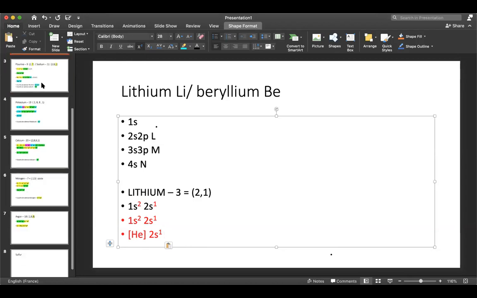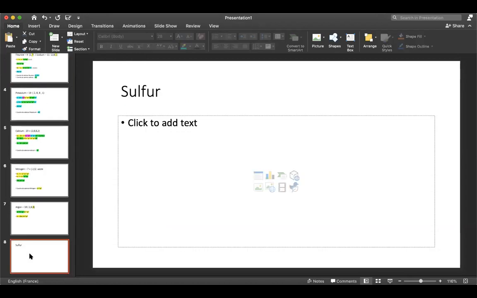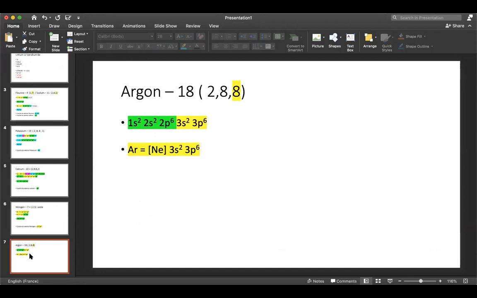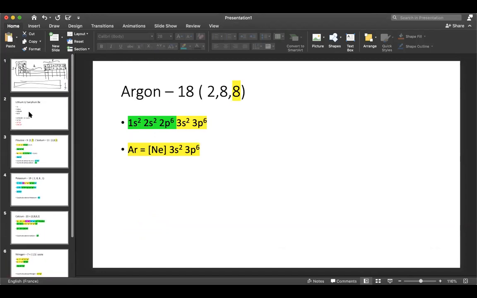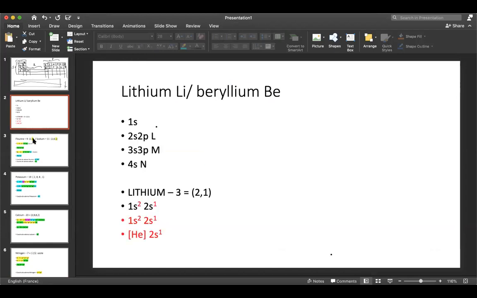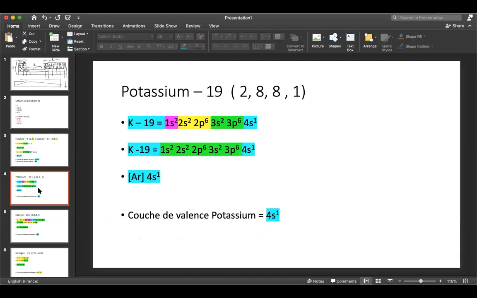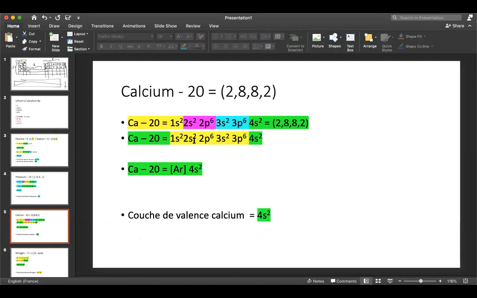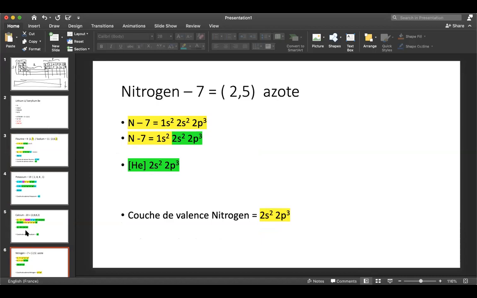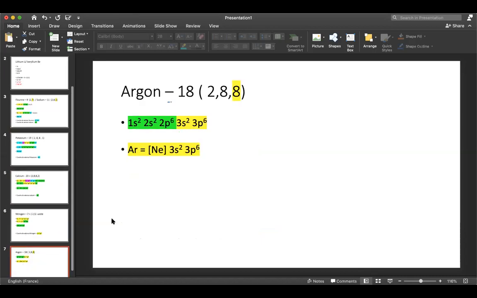With all these examples we've done, I know we've not done one example, that is sulfur, but you guys will practice this. So is it clear with all these configurations that we've done? That is lithium and beryllium, potassium and fluorine and sodium, potassium, calcium, nitrogen. Argon, c'est clair?